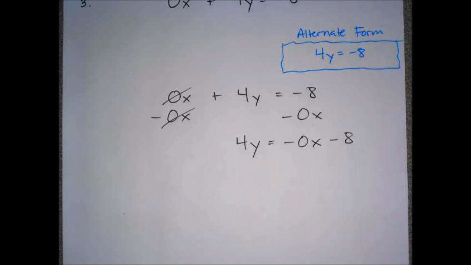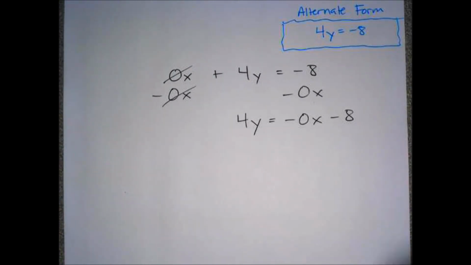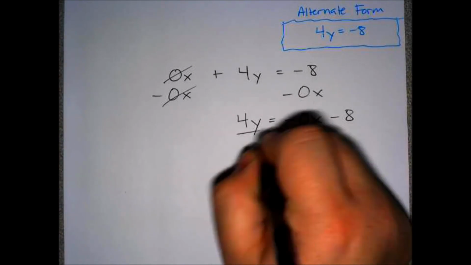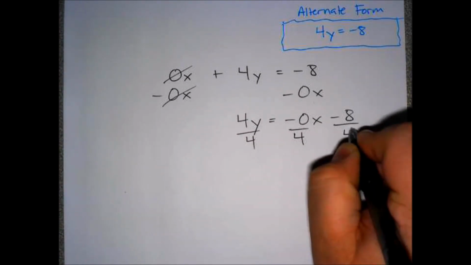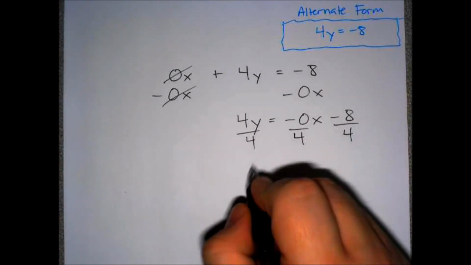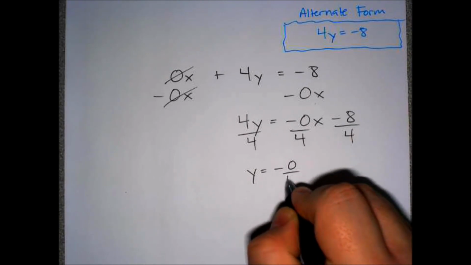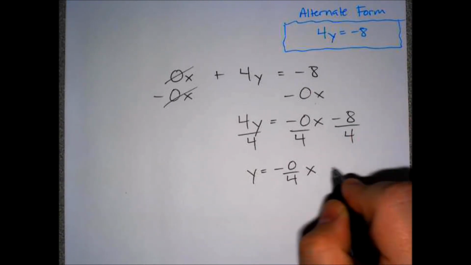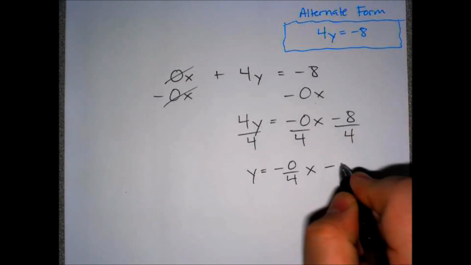A -0 doesn't really work, but I'm just going to go through with this. Divide by 4, divide by 4. The 4's cancel, and you get y equals -0/4x. What is that? 8/4 is 2, and you have negative, so it's -2.